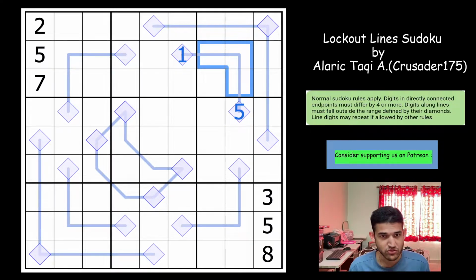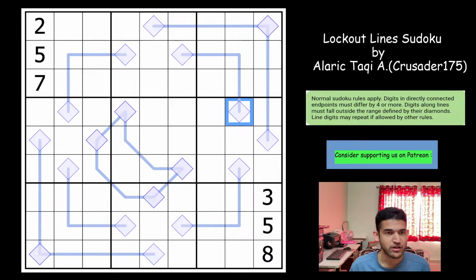So for example, you could have here 6, 7 and 8. Let me change that to center marks. But you cannot have, for example, let's say a 1 here. And that is because it is the same as the endpoint, and this is also not valid because it's falling between the endpoints. These are the rules.